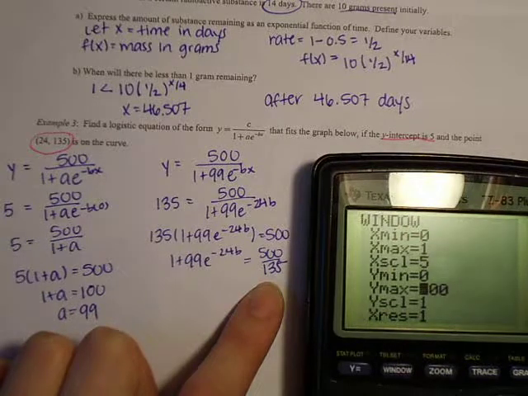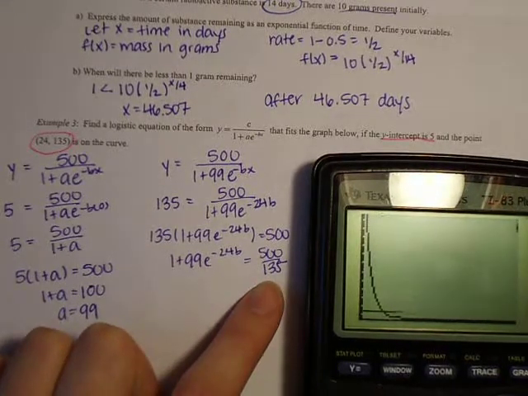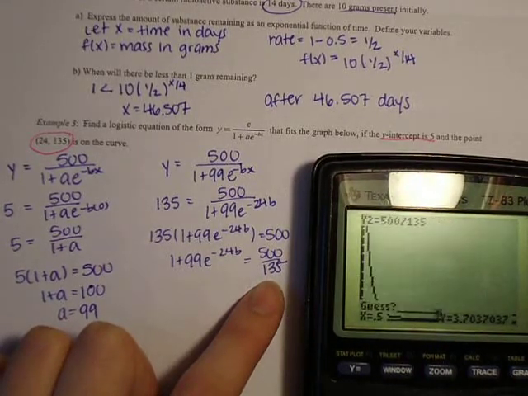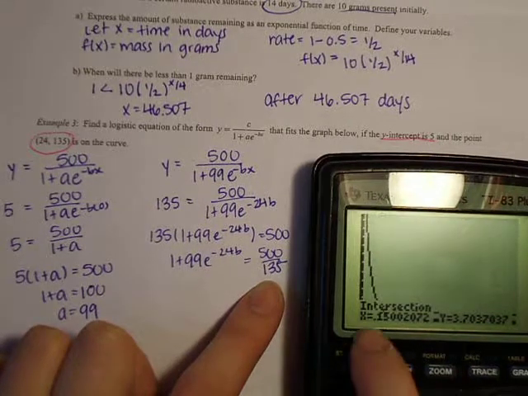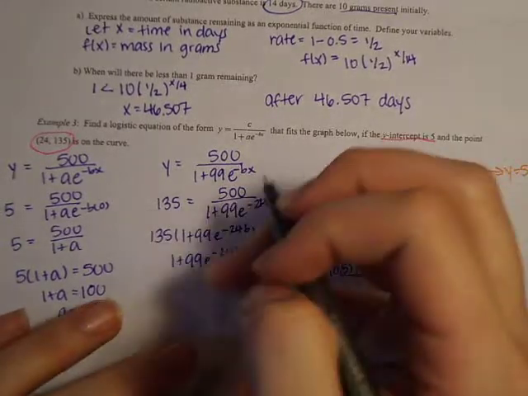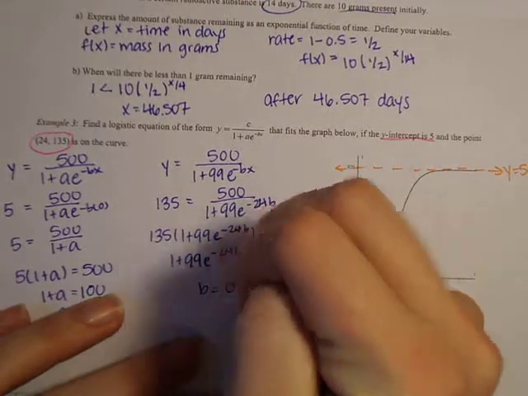Change the y max to, say, 50. That gives us a better graph there. And we can see that intersection, so we're going to calculate. And we have x equals 0.1500. So our x, or in this case our b, is going to be 0.15.